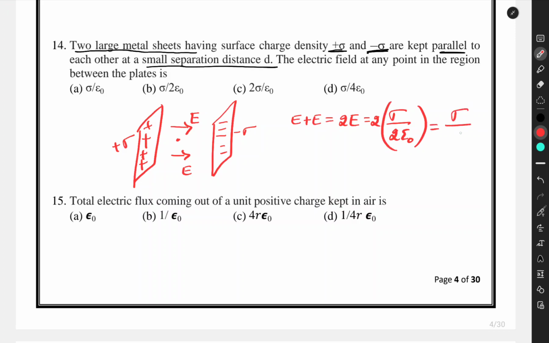So the answer is sigma by epsilon naught.